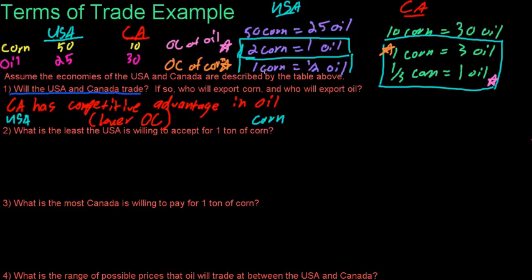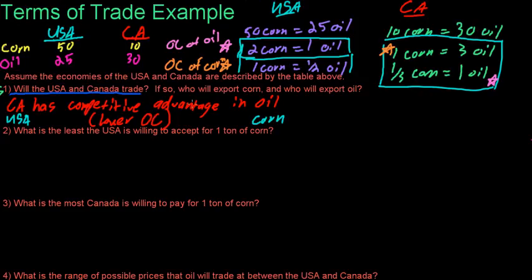And in Canada, we have to sacrifice 3 million barrels of oil to get 1 ton of corn. So the US is better relative to Canada at producing corn, and Canada is better relative to the US at producing oil. So the answer to will they trade is a resounding yes, because the opportunity costs are not equal and each nation can specialize and both be better off for their specialization as long as they can trade.